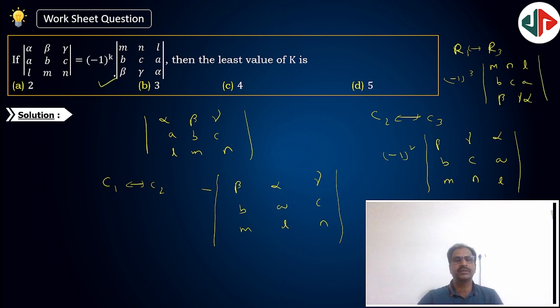This is given as minus 1 whole power k, so the least value of k is 3. We have applied column interchange operation 2 times and row interchange operation 1 time, and we got the RHS, so least value of k is 3.